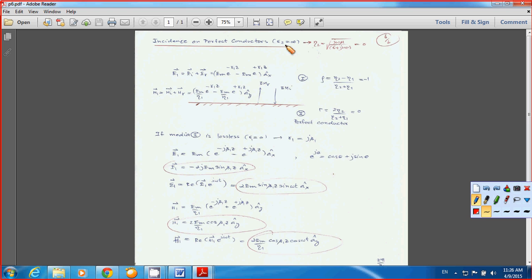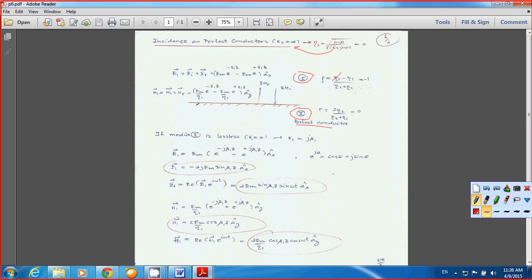Well, you take a look at eta 2 from the equation, it gives you 0 because your sigma is infinity, right? You take a look at the reflection coefficient. You have the media number 1 and media number 2. When media number 2 is the perfect conductor, you find reflection coefficient to be eta 2 minus eta 1 over eta 2 plus eta 1.